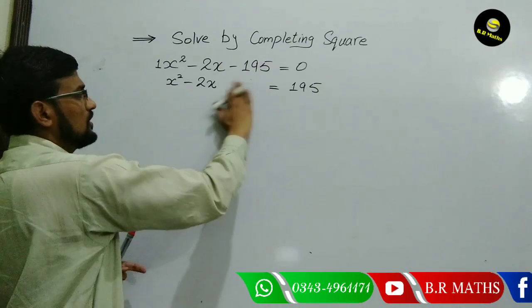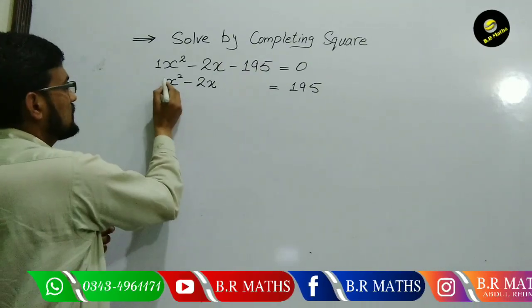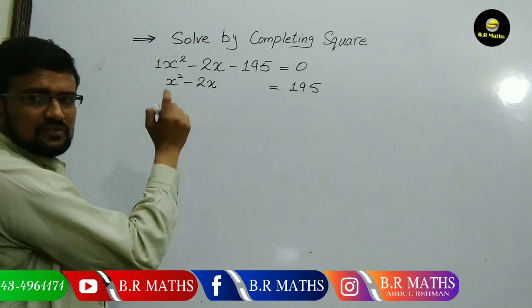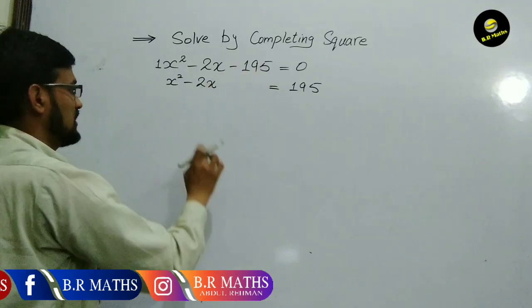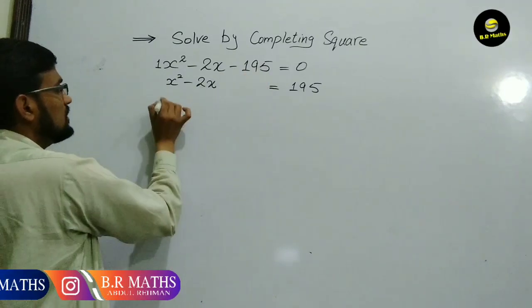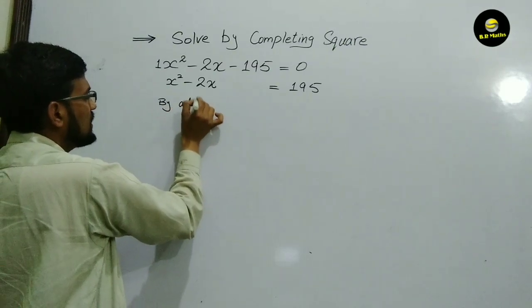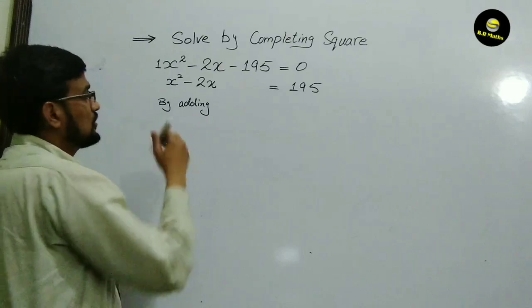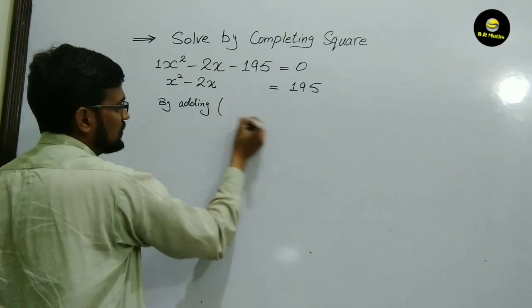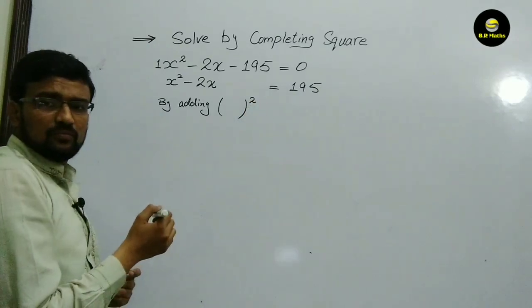Okay, so let's start how to complete the square. This is a square, the first term square. So find the second term whole square by adding the whole square of which term?